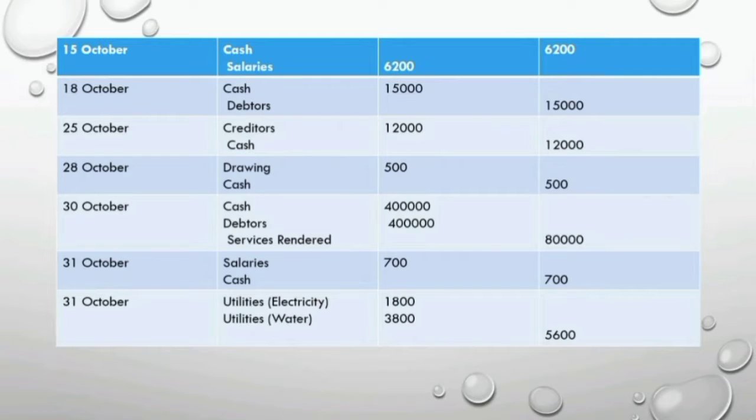For 31 October, we have salaries, cash, and utilities, which is electricity and water. For salaries and utilities, we put on debit account, and for cash, we put on credit. So that's all for journal.